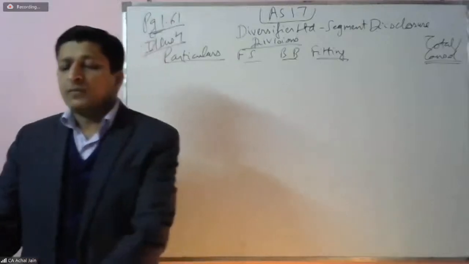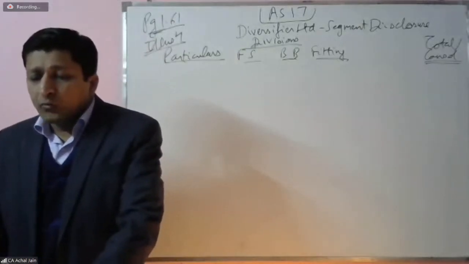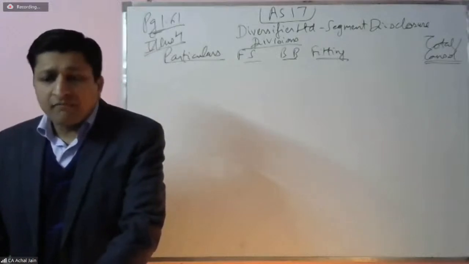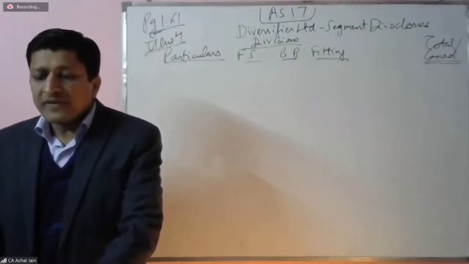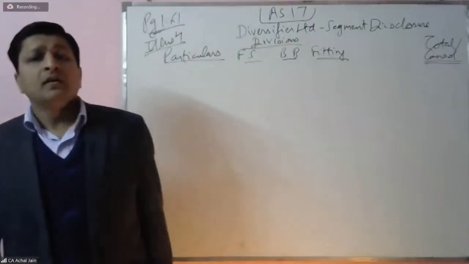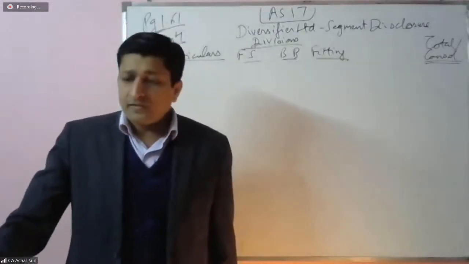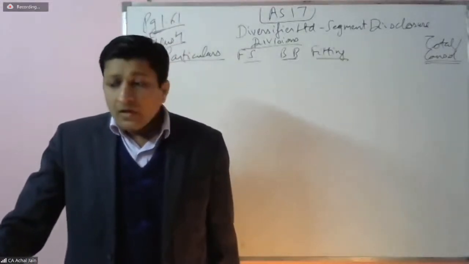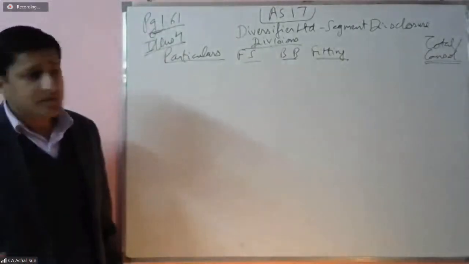Okay, so now if we begin, what do we find? Certain sales have been made by forging shop to bright bar, 4575. So these are what? Inter-segment sales. Will these get included in the segment disclosure? The answer is yes.